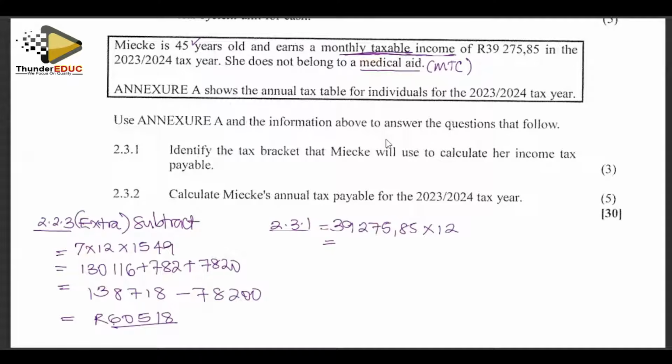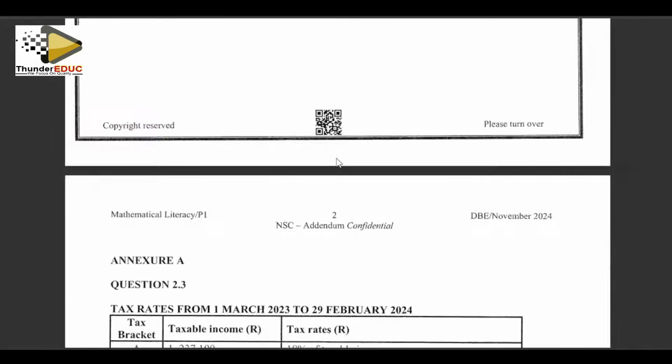We end up having 471,310 and 20 cents. This is what will determine. All right, let's go to the next, you see, this is the addendum.